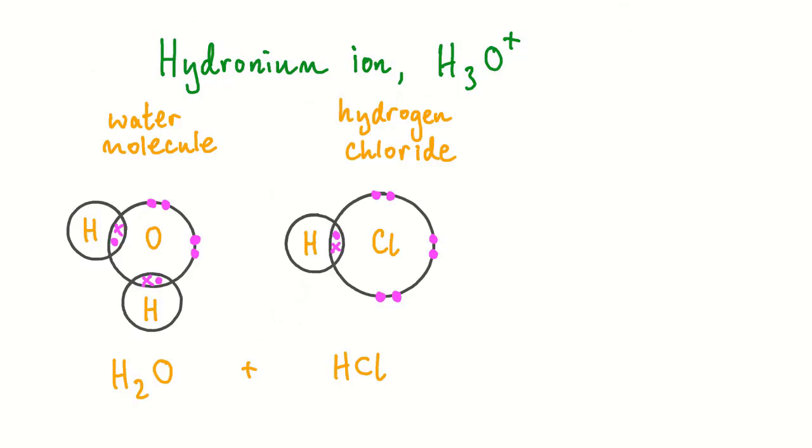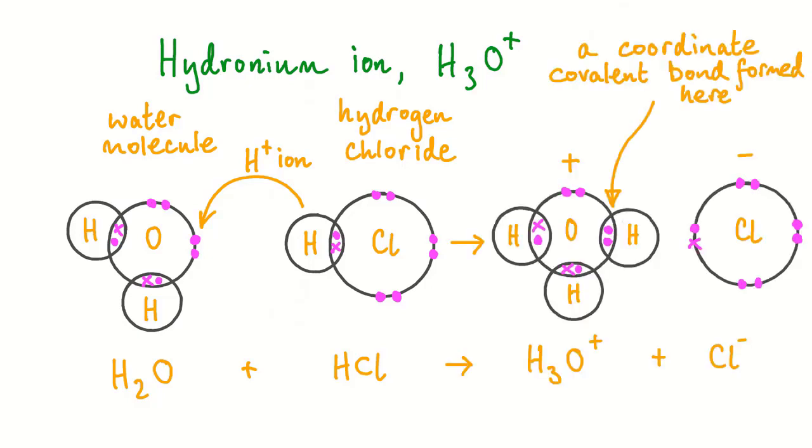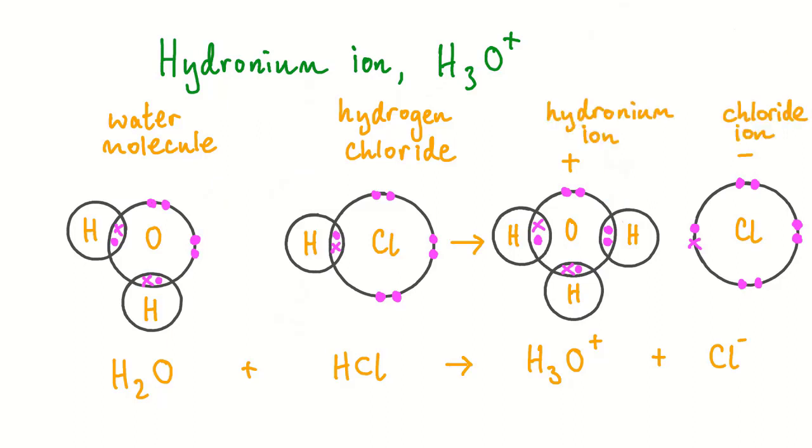Hydrogen ions do not exist in isolation in liquid water. If a hydrogen chloride molecule is dissolved into water, a hydrogen ion is transferred from the hydrogen chloride molecule to the water molecule. The water molecule contains two lone pairs of electrons. Water can use one of these lone pairs to form a coordinate covalent bond to the hydrogen ion. This reaction forms the hydronium ion H3O+ and a chloride ion.